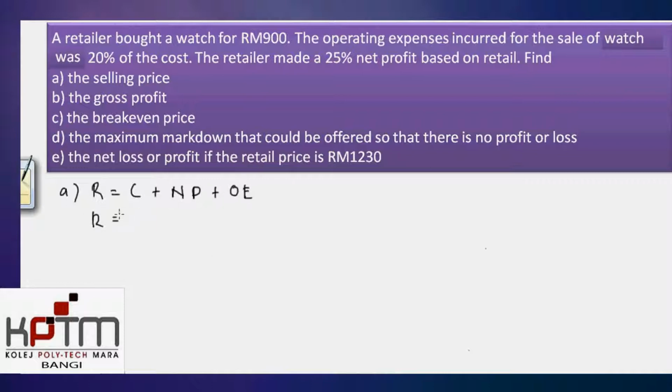So R is equal to cost price 900 ringgit plus net profit 25% or 0.25 based on retail, which is R, and operating expenses 20% or 0.2 multiplied by cost price, which is 900 ringgit.